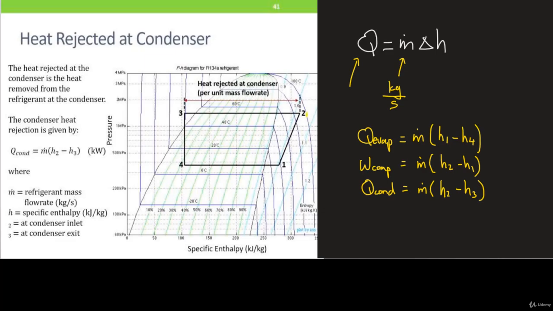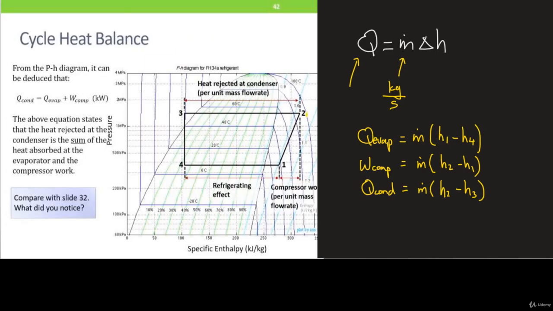If you notice, these three terms are actually related.